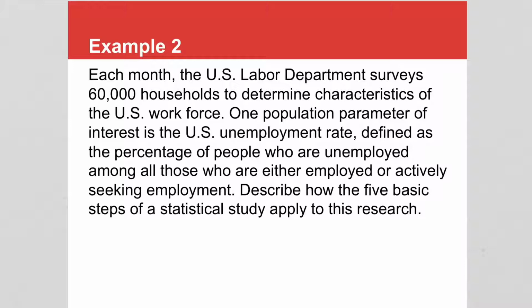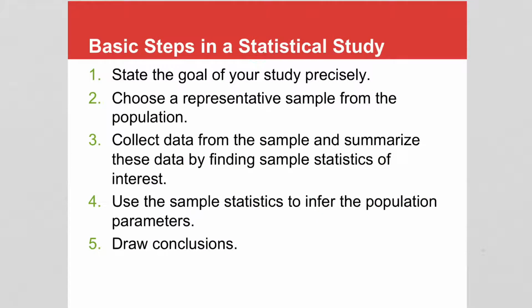Describe how the 5 basic steps of a statistical study apply to this research. So step 1, we want to state the goal. Lots of writing in this section. The goal is to learn about employment.